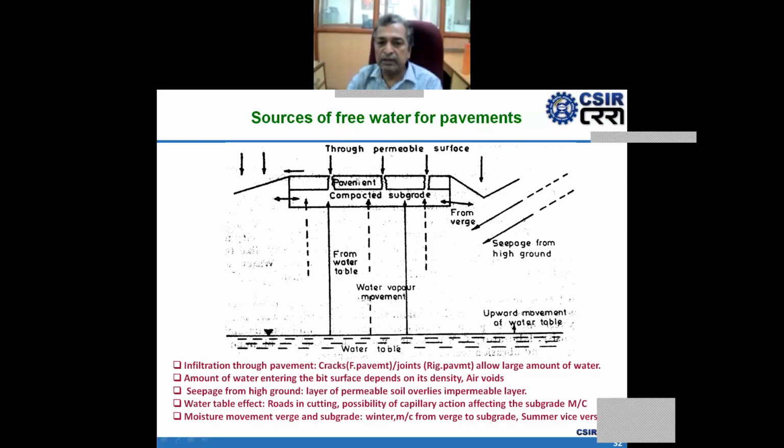So how much water comes from the top depends on the density of the bituminous layers and the voids present in them. Seepage from the high ground also brings water and saturates the subgrade materials. The water table affects roads in cutting, with possible capillary action affecting the subgrade. In the cutting, the subgrade will be saturated through capillary rise.